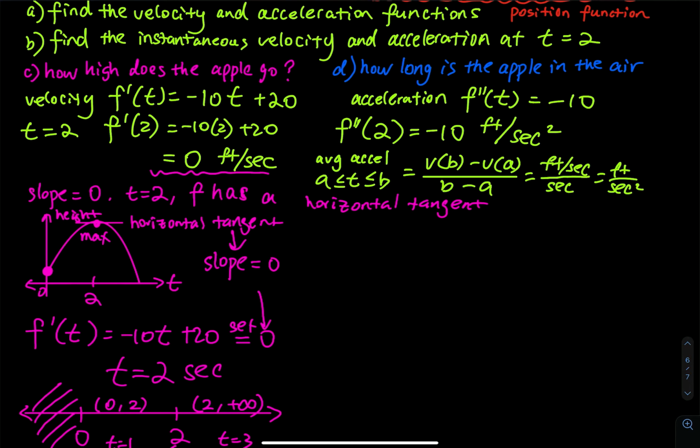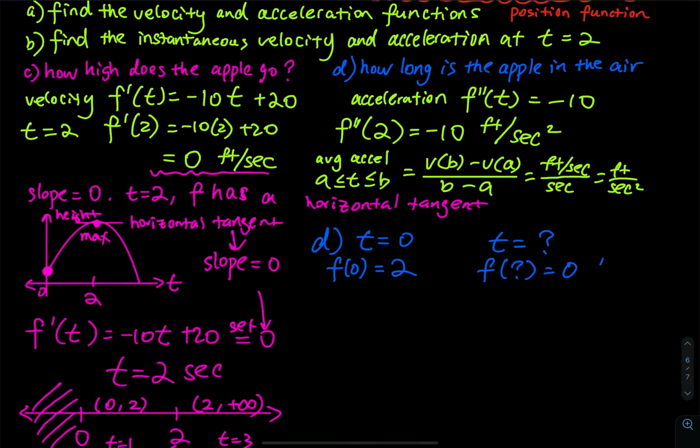From the beginning, when t equals 0, f of 0 is 2 feet above the ground, right? And then when t equals some number, f of that number equals 0 feet off the ground. So at the beginning it is 2. When the apple drops back to the ground, that is 0 feet off the ground.